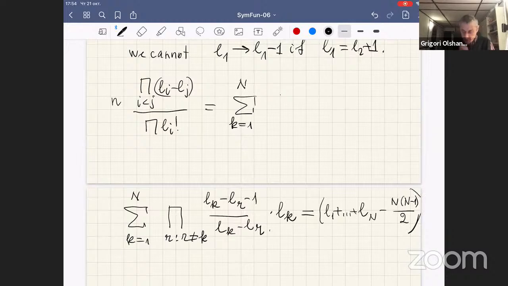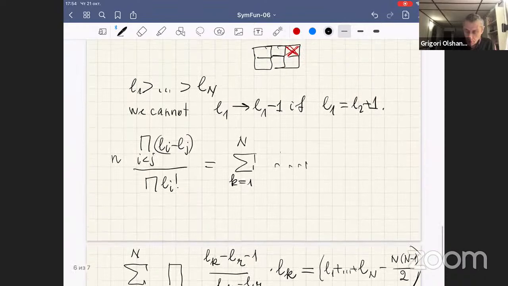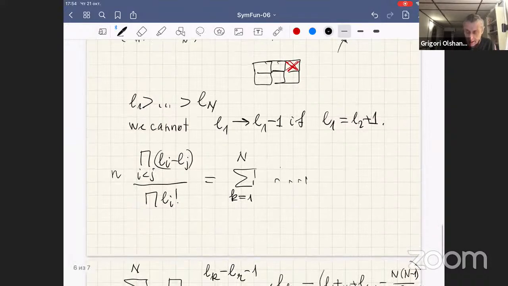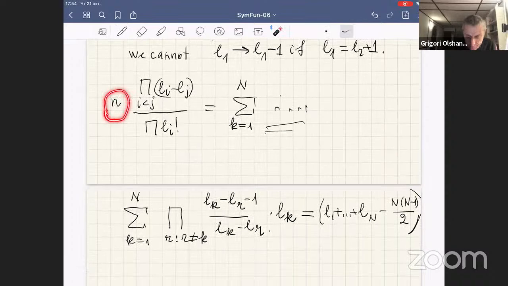So what is written? I wrote the desired equality. I divided the right-hand side by the left-hand side. Okay. Wrote this in these terms.